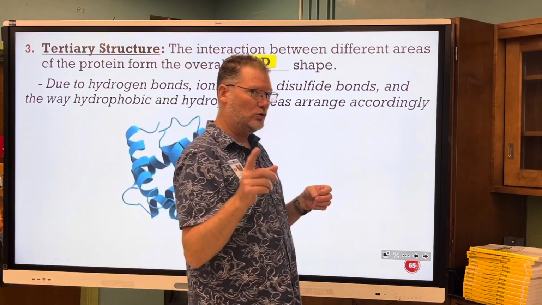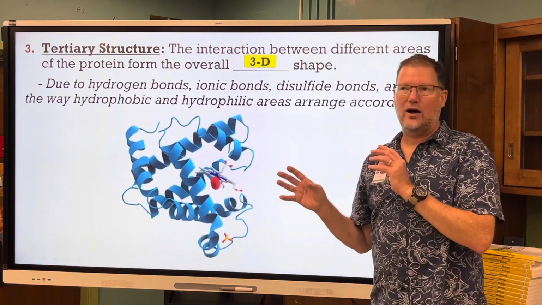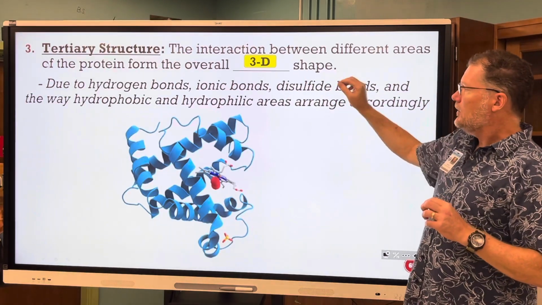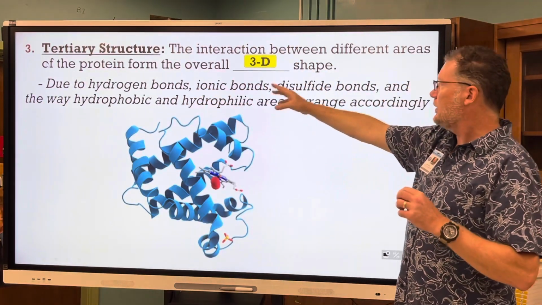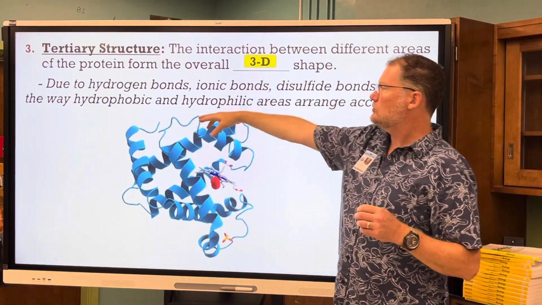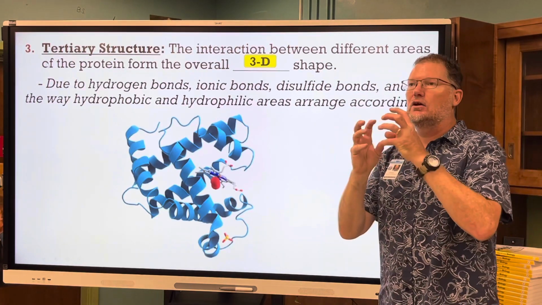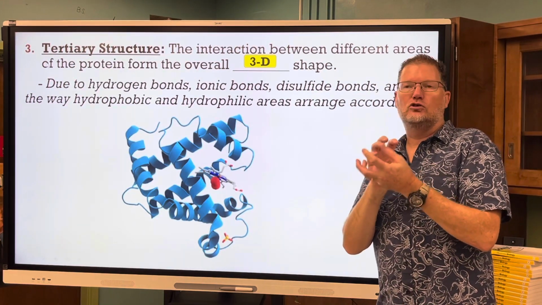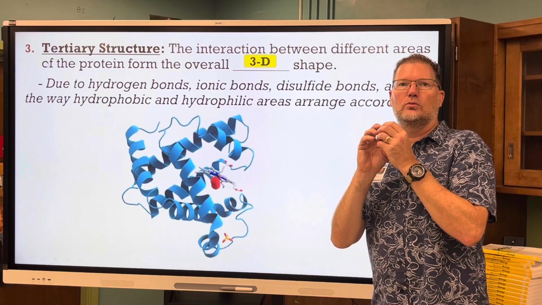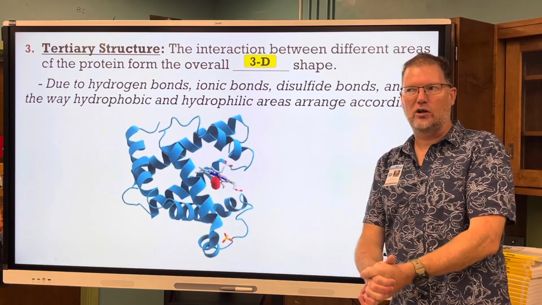Because eventually, and they're starting to do this now, they can use the knowledge of how these proteins fold, using hydrogen bonds and ionic bonds and other kinds of bonds that are arranged in their hydrophobic and hydrophilic areas accordingly, okay? They can change them and use them to heal sick people. It's really quite amazing.